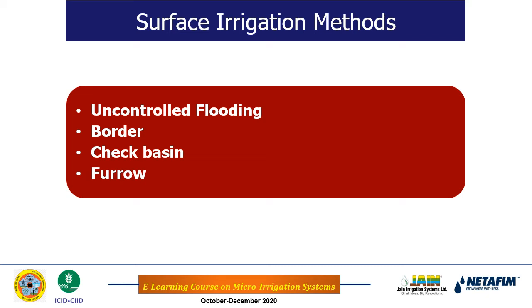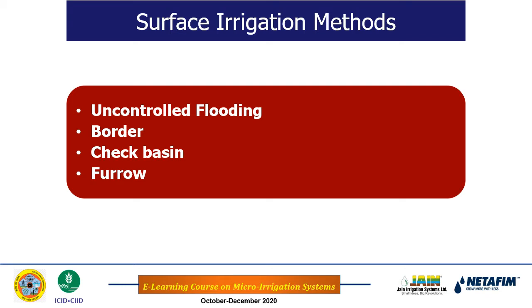As I already told, there are basically four irrigation methods. One is surface irrigation, subsurface irrigation, sprinkler irrigation and micro irrigation methods. And our topic is on micro irrigation method. But the first in the series is surface irrigation methods.